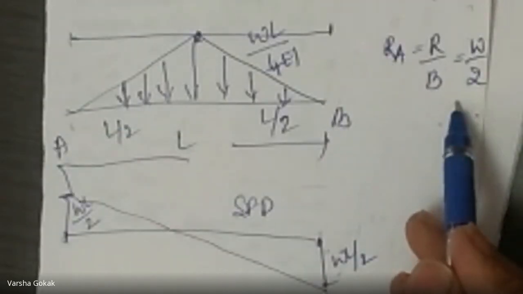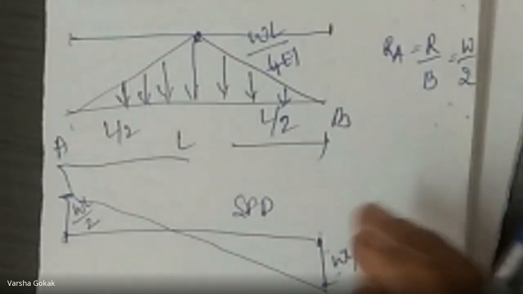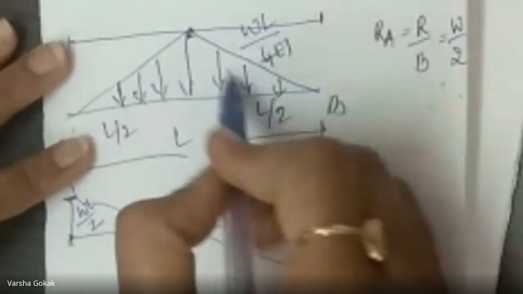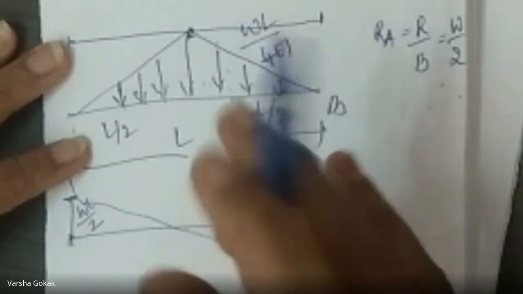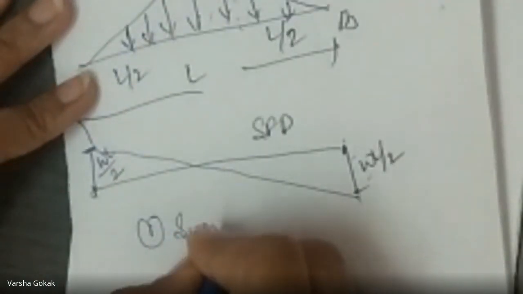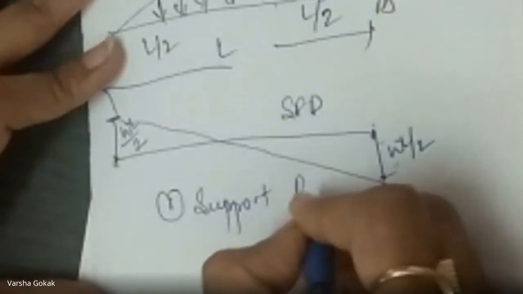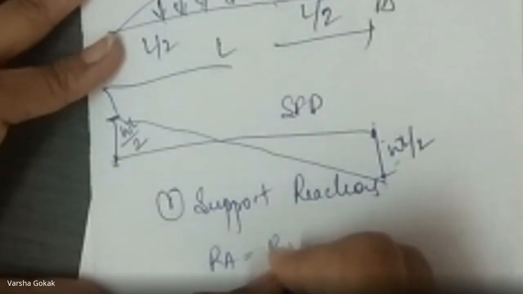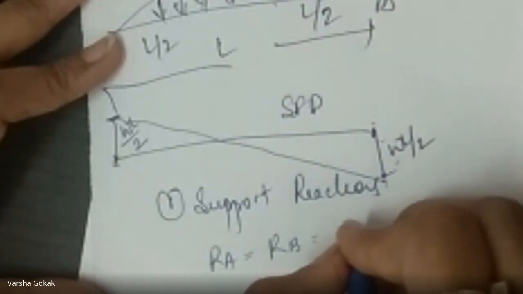This is from strength of materials. Then for this we have to write the conjugate beam. We calculated first the support reactions, that is Ra equal to Rb, which is equal to W by 2.